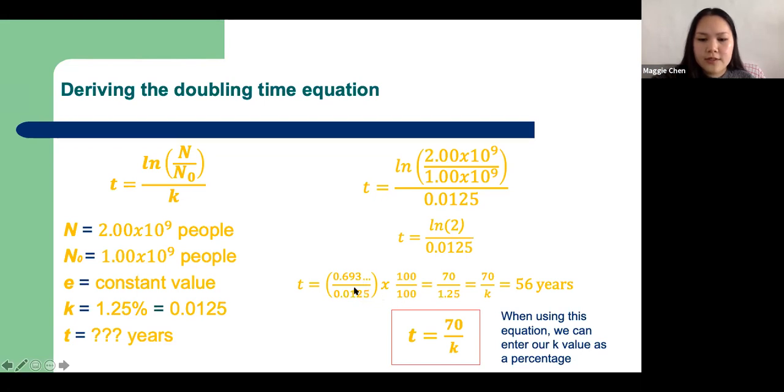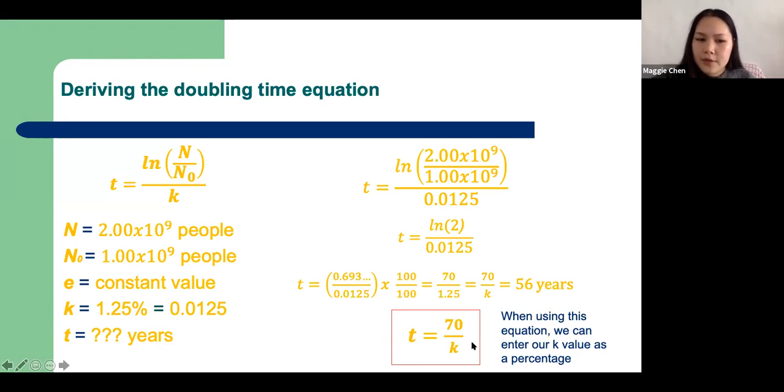And if we're going to put our k back into a decimal, we would multiply our fraction by 100 over 100, and we're given 70 over 1.25, and we know that 1.25 is our k. And that would just be our final function, where if we're looking at any population doubling in time, we can just use this equation where t is equal to 70 over k.